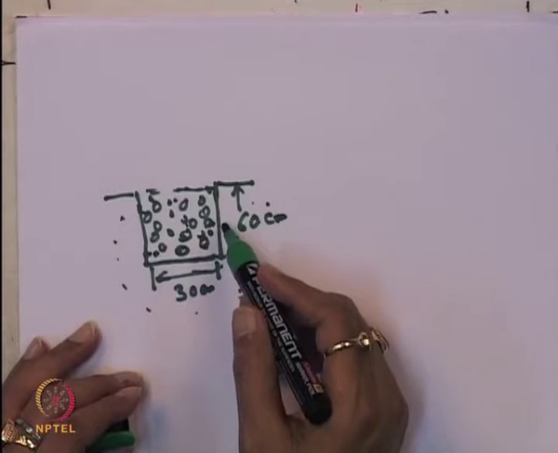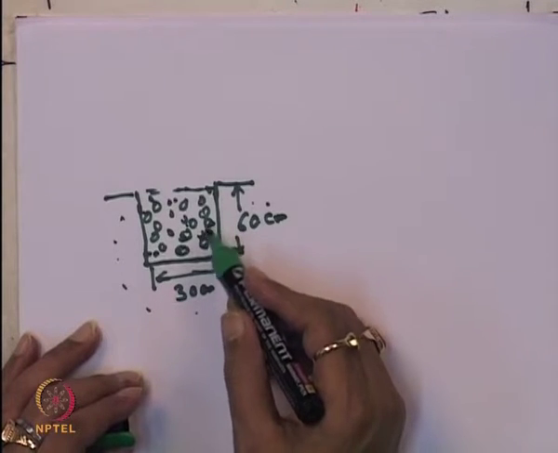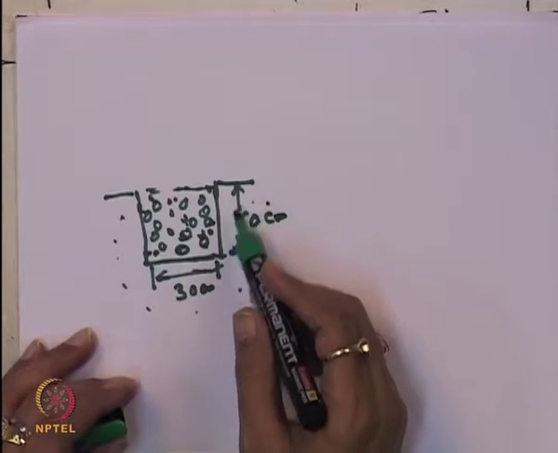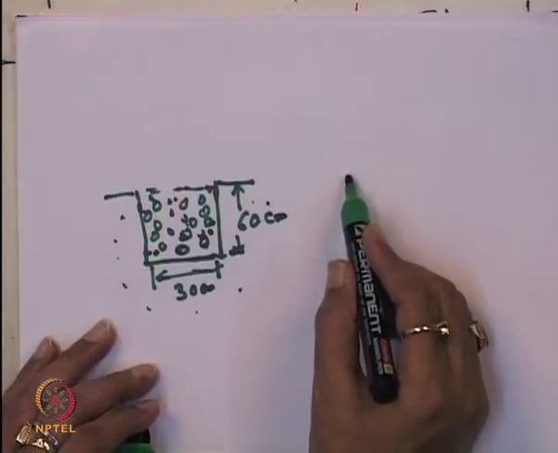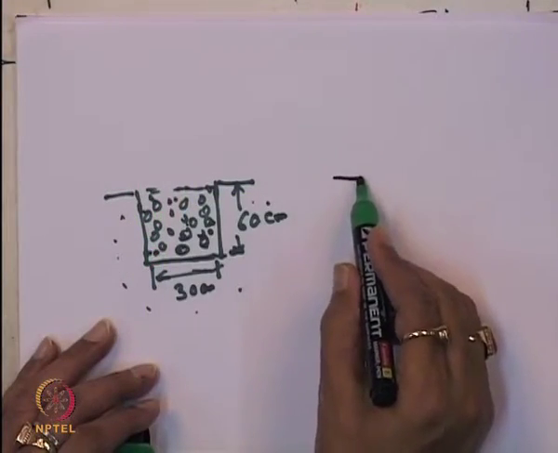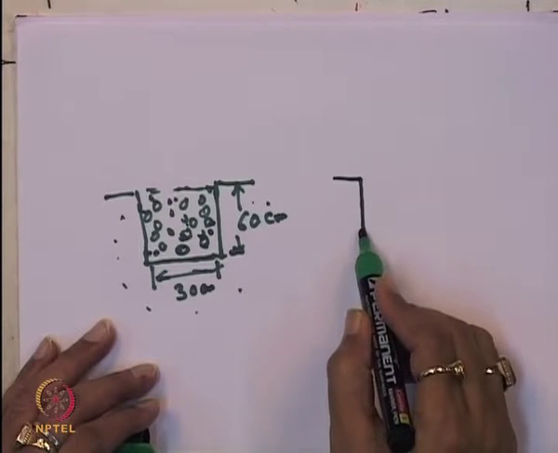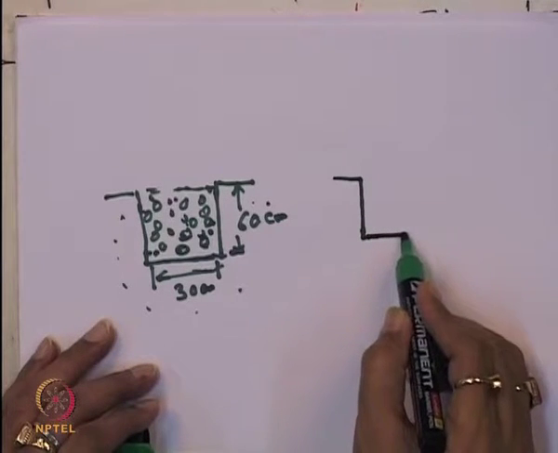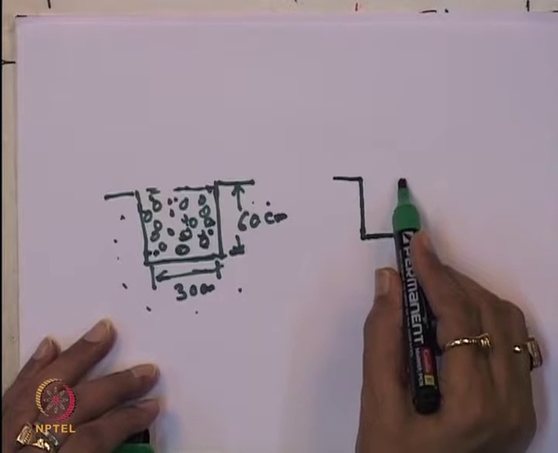So, maintenance is one of the greatest problems, because it frequently clogs or chokes. As an alternative to this system, let us say this is 30 centimeter and this is 15 centimeter.